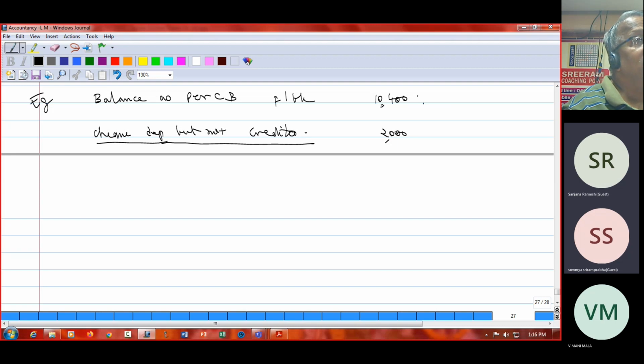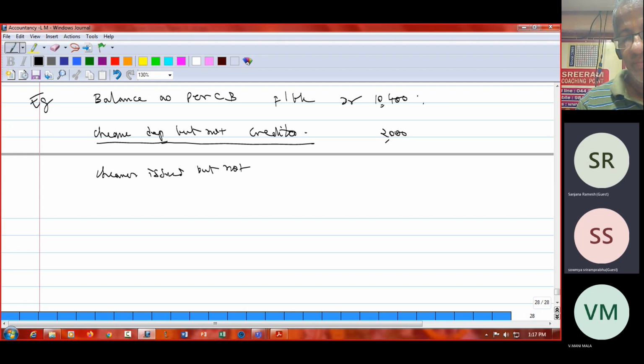Unrepresented debit. The place where I am finding this, which has no representation, I have to call this unrepresented debit. The side in which I see an entry that has no matching entry on the other side, I have to call unrepresented debit. I have this item on the debit side: unrepresented debit. Correct. So what should I do? Starting balance is debit. This is an unrepresented debit. What should I do? Deduct. Okay.